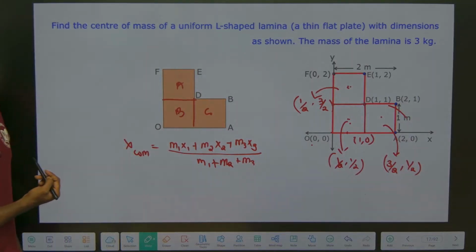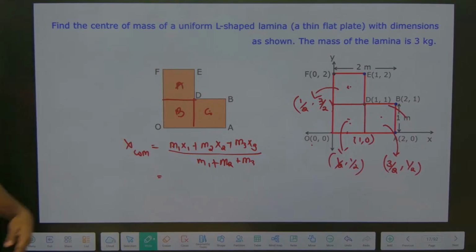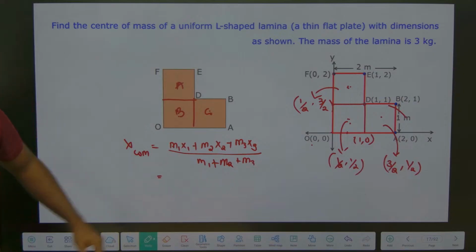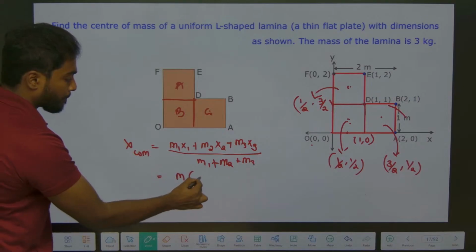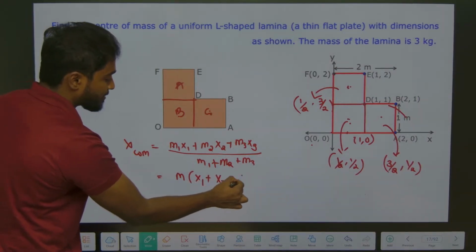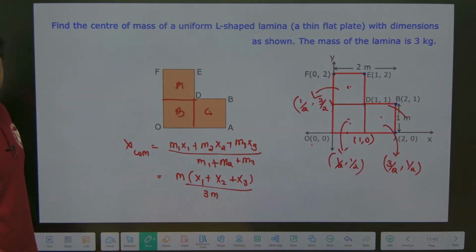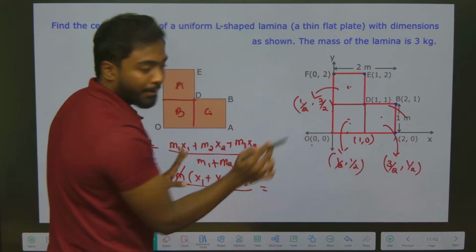The masses are the same, so I can take m commonly outside: x1 plus x2 plus x3 divided by 3, and m cancels out.